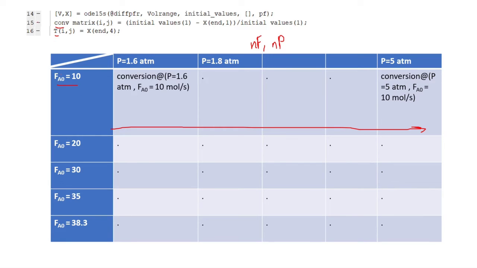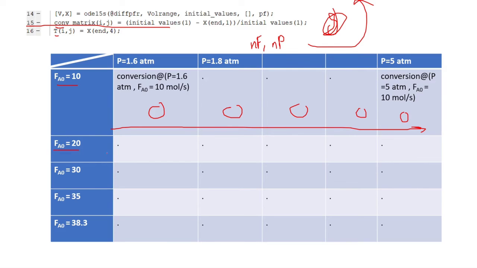Through line number 15, in the smaller loop, these values of conversion get inputted. When all of it is used up, we go to the larger loop and Fa0 gets updated, and again the same thing happens, these values get updated and so on, and finally we get a matrix which consists of conversion values for different feed rates as well as different pressures.